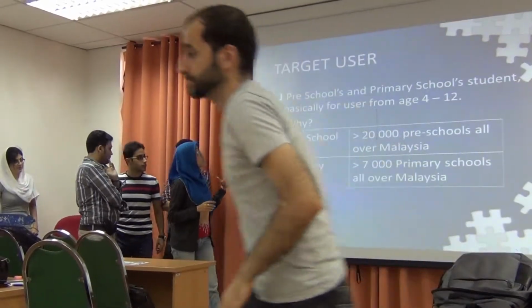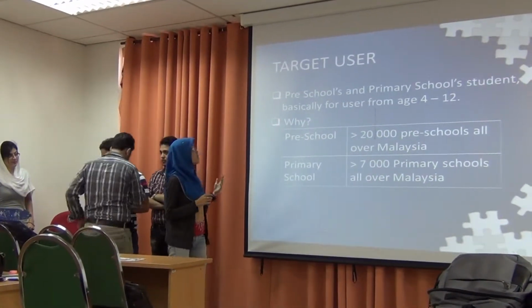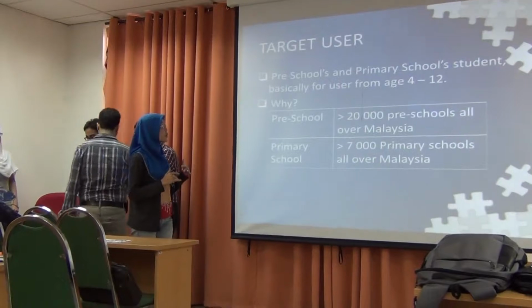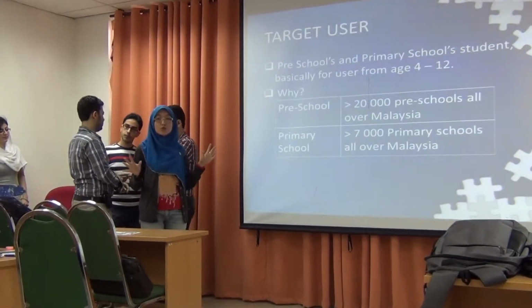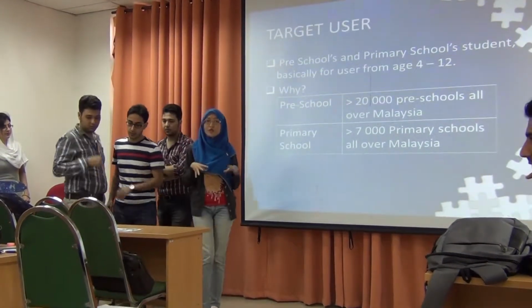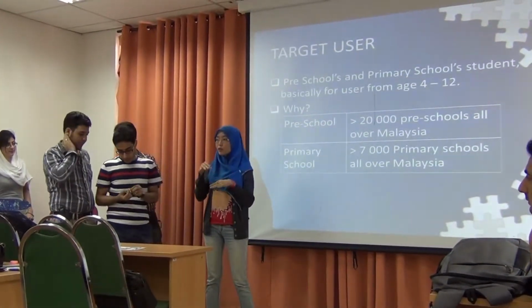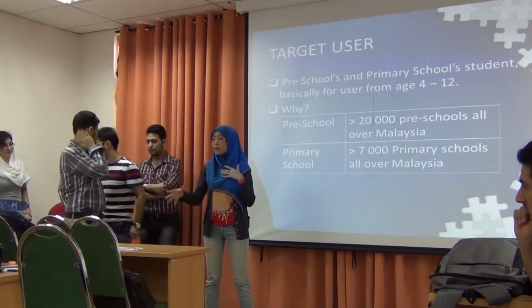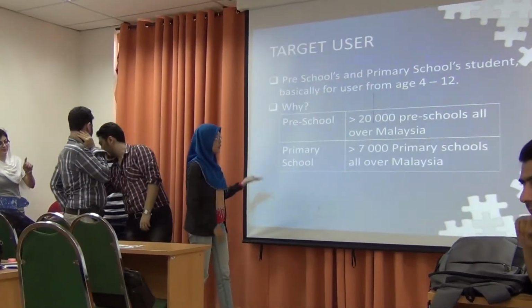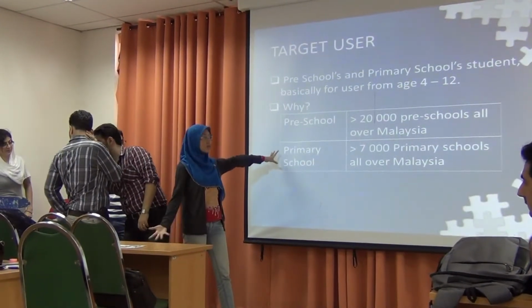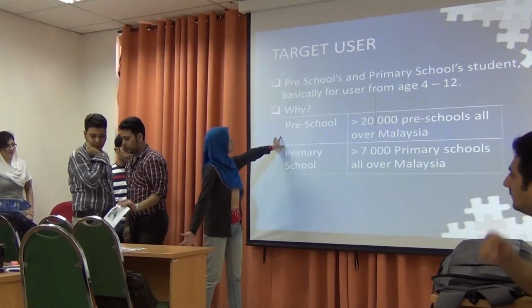So this is our target user, which is preschool and primary school students, or basically end users from age 4 to 12. But for this very first batch, we will focus on preschool and primary school, and we will go through the Kementerian Pelajaran Malaysia, or the Education Ministry of Malaysia. So why preschool and primary school?